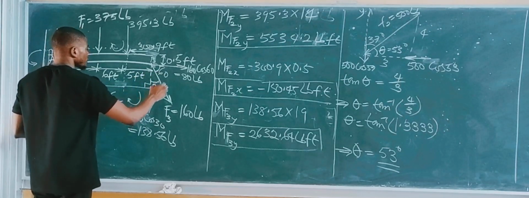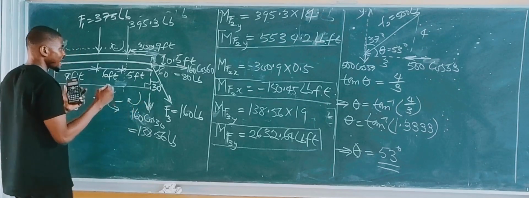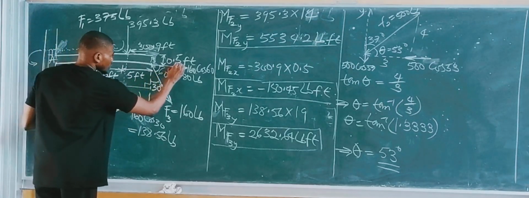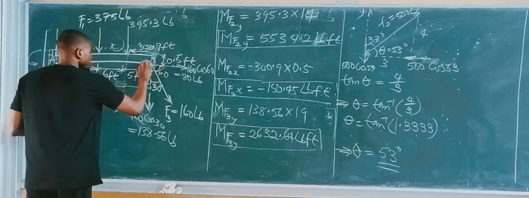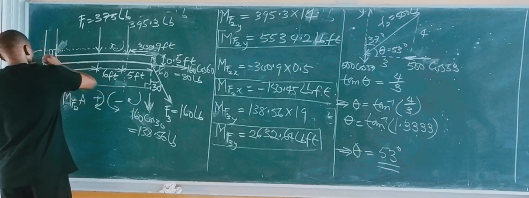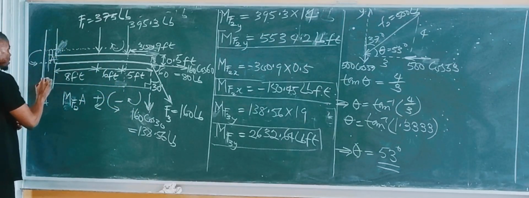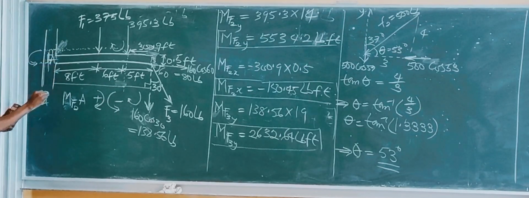I want to take the moment of this force about point A. Like I said, moment is force times perpendicular distance. The line of action runs through this point, and we take moment about point A. This is 90 degrees, so it is still this height that makes an angle of 90 degrees about point A.